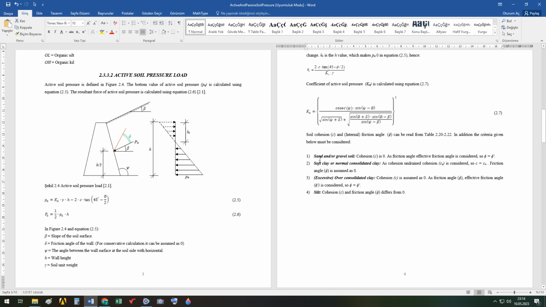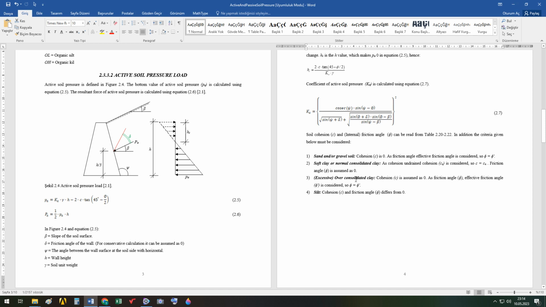If your soil is soft clay or normally consolidated soil, the cohesion value shall be obtained from a test under undrained conditions. Friction angle is assumed as 0, so these are cohesive soils. For excessively over consolidated clay, the cohesion is assumed as 0.